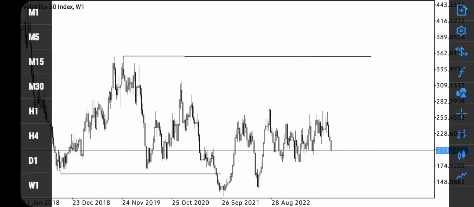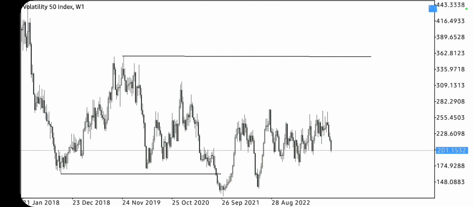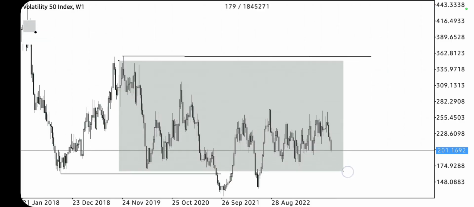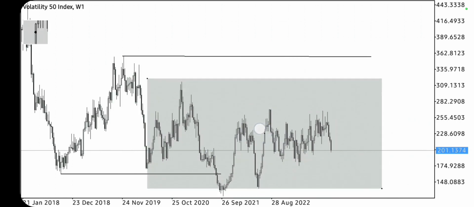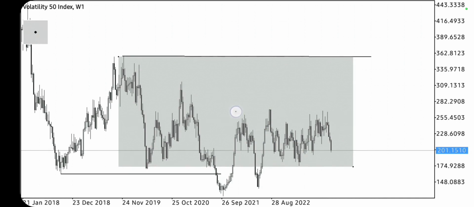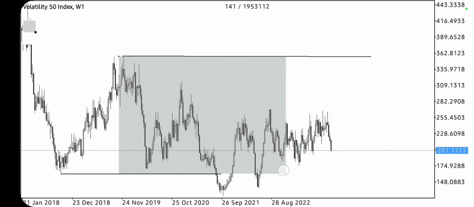Anything can happen from this high to this break of structure. All I am expecting is that the market shouldn't break my protected high. Anything can happen inside here. The market can decide to take internal liquidity.